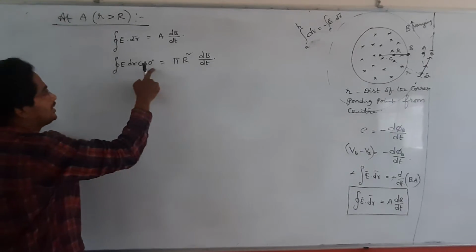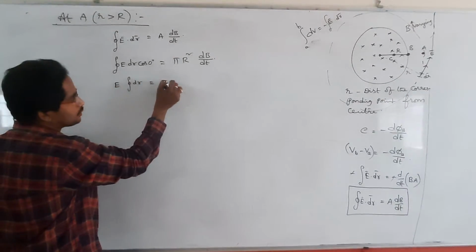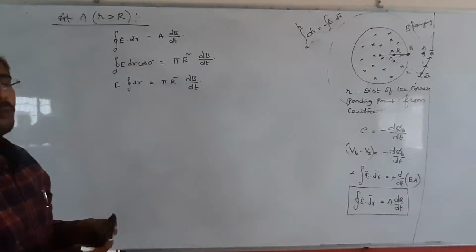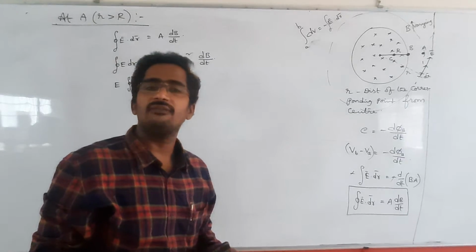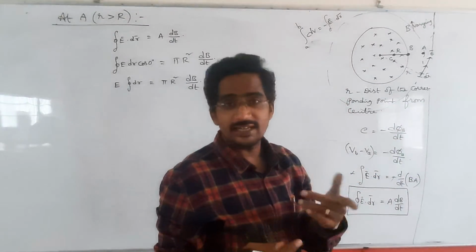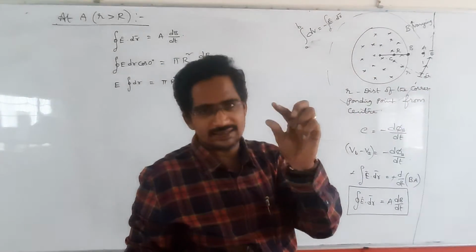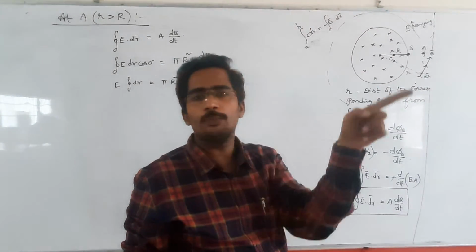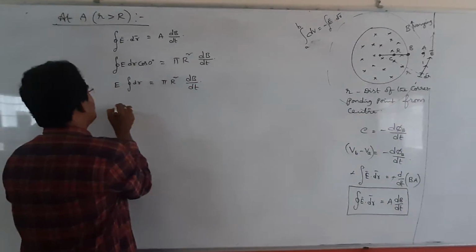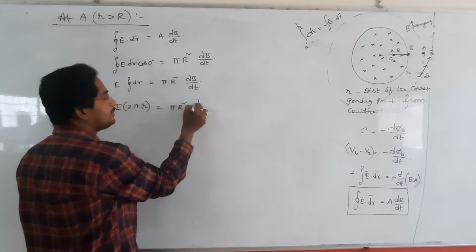E integral dr equals pi R square dB by dt. What is integral dr? That is the length of the loop. For a small element, the length is dr. If you add all those elements, we get the total loop length. What is the total loop length here? 2 pi r. So we get E into 2 pi r equals pi R square into dB by dt.